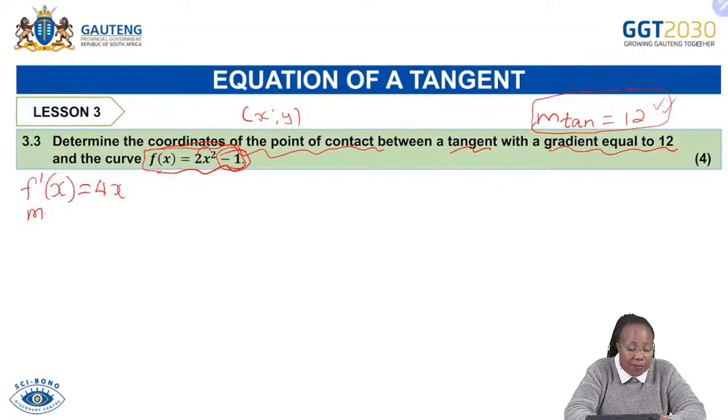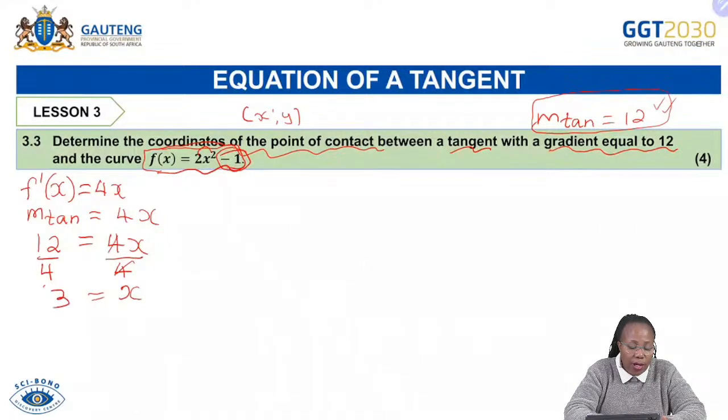Remember this side represents the gradient of a tangent after deriving. So now we put in 12 for the gradient, then we have 4x there. Can you see now you can have your x value, divide by 4 both sides, then x will be equal to 3. Happy grade 12, and we now have the x value.